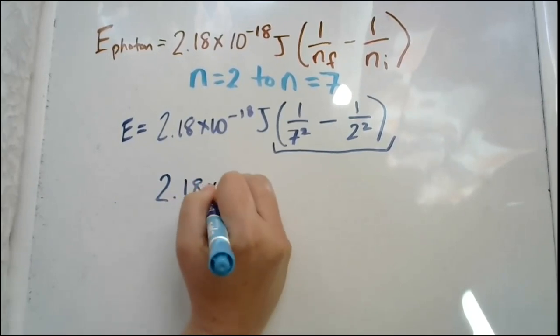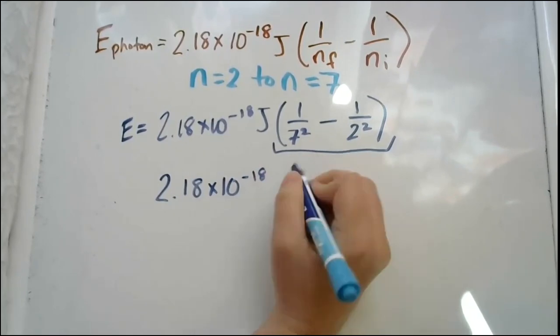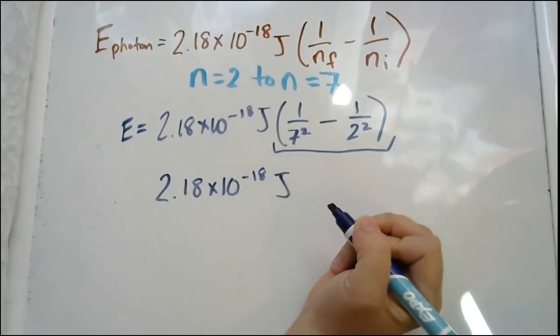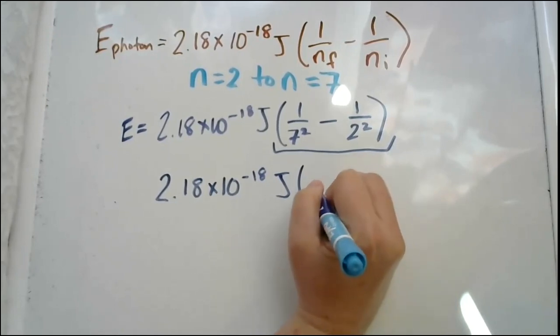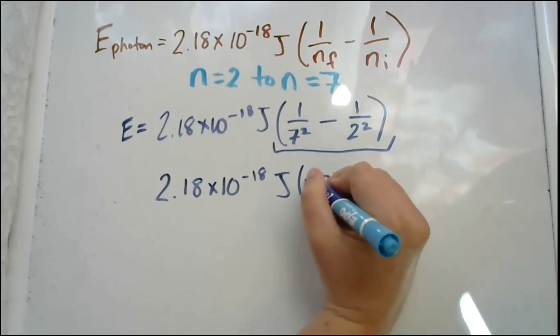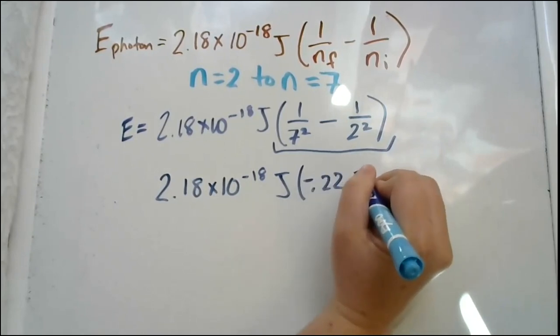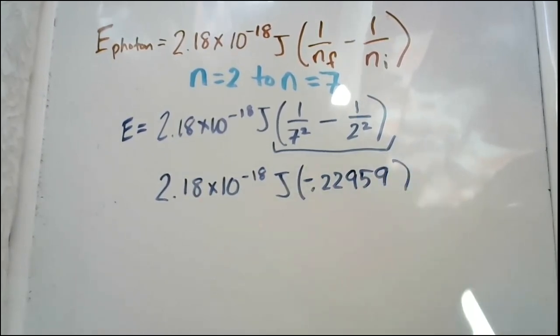Okay, and I'm going to get 2.18 times 10 to the negative 18 joules times negative 0.22959. Okay, multiply that by my Rydberg constant.